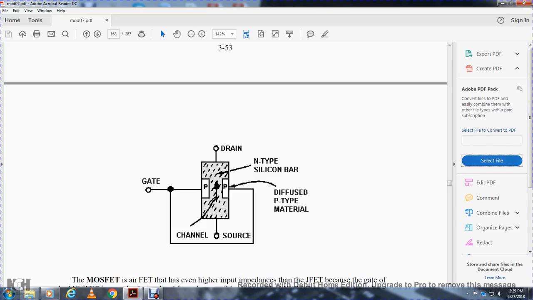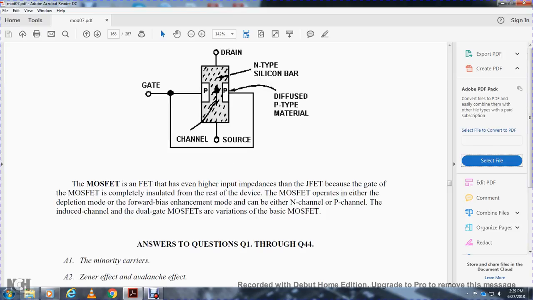N-type silicon bar, diffused P-type material. The metal oxide semiconductor field effect transistor is a field effect transistor with a higher input impedance than the junction field effect transistor, because the gate of the MOSFET is completely insulated from the rest of the device.